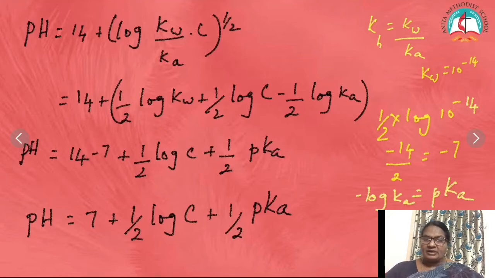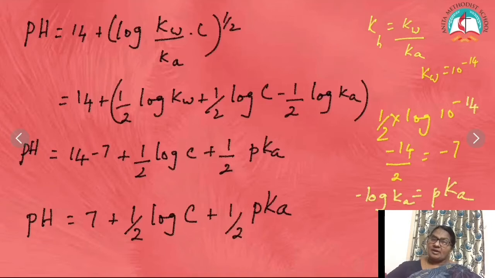We know that Kw is equal to 10 to the power minus 14, and on simplification log Kw is equal to minus 14, so half log Kw is minus 7. And we know that minus log Ka is nothing but pKa. So when I substitute these values, we get 7 plus half log C plus half pKa. So if any two values are given, we can find out the third value.